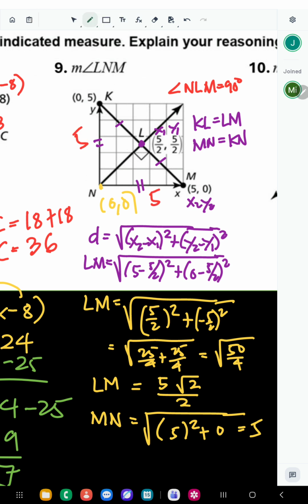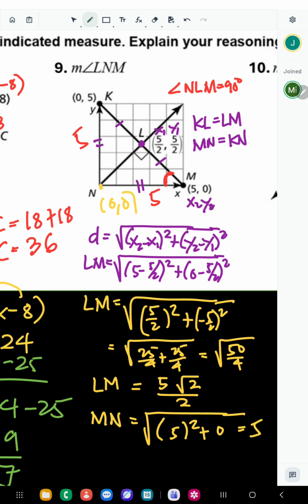Now we can solve for the angle. Oh no, using law of cosines. Because we have this side and then this included angle.